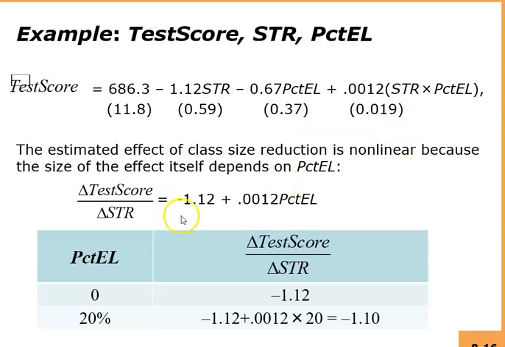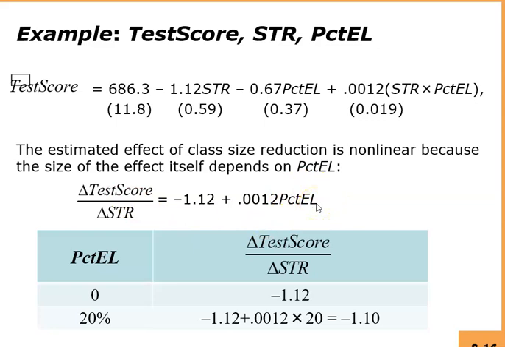Now, if you are trying to find the effect of change in student-teacher ratio on test scores, that comes out to be minus 1.12 plus 0.0012 multiplied by percentage of English learners.